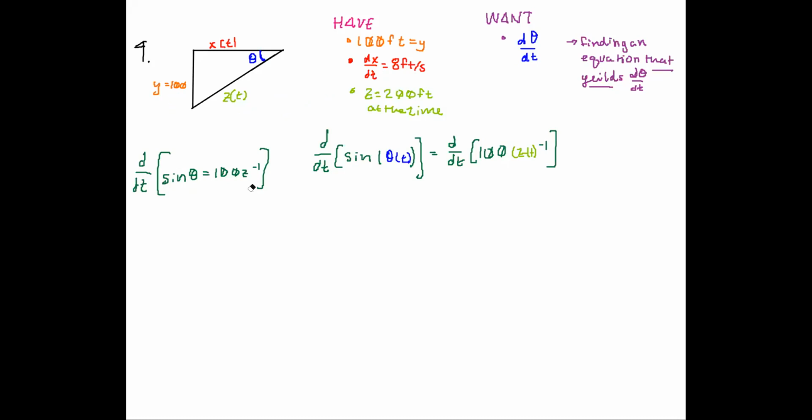You substituted sine for 100 over z. Yes. I made a statement that was true. I'm not looking to do inverse sine or anything like that. This is a true statement, so I'm going to differentiate it.